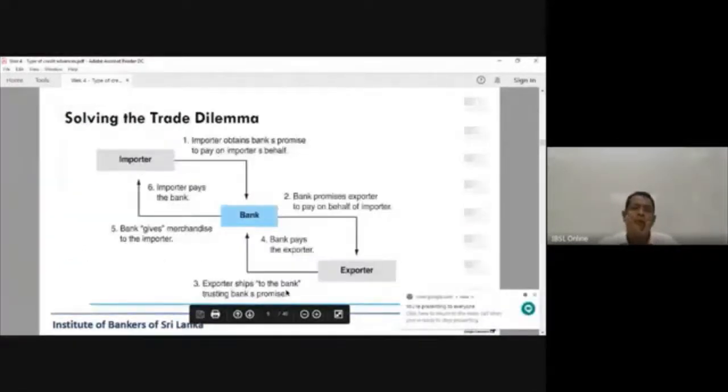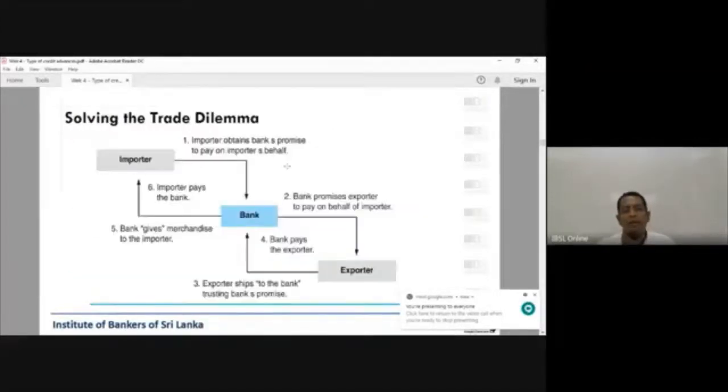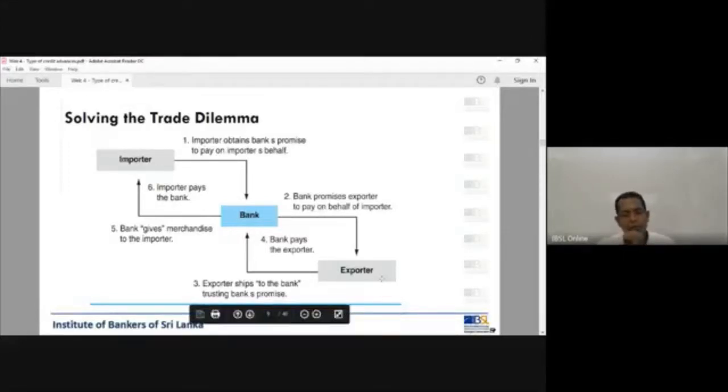Then we go to this one. Because of the unwillingness to trust, the bank comes in, right? Then we go to the letter of credit to solve this. A letter of credit is a conditional agreement to pay, right? We have an importer, a bank and an exporter.